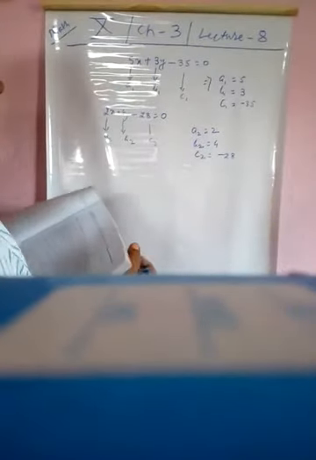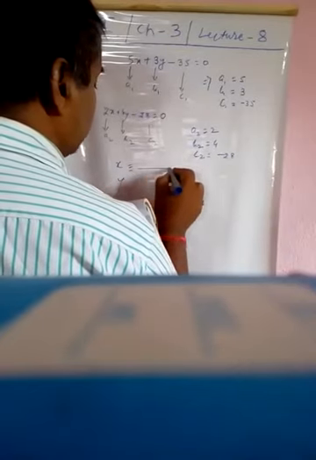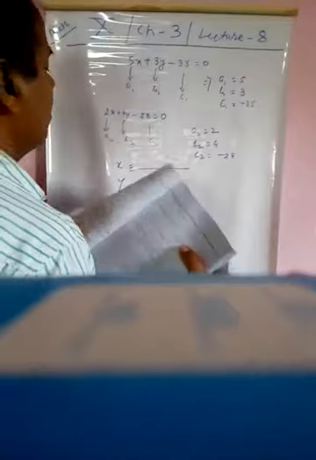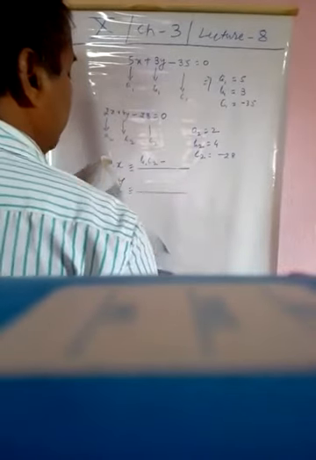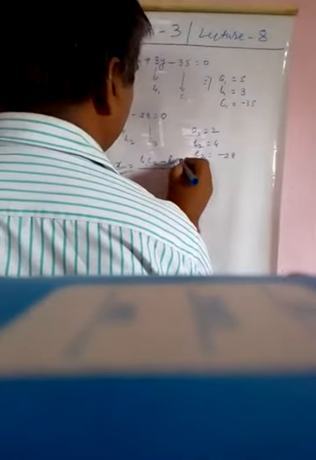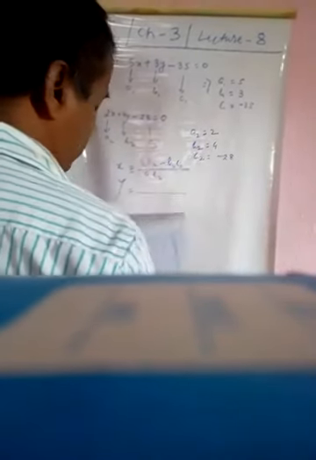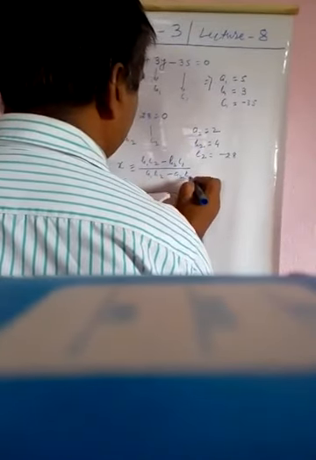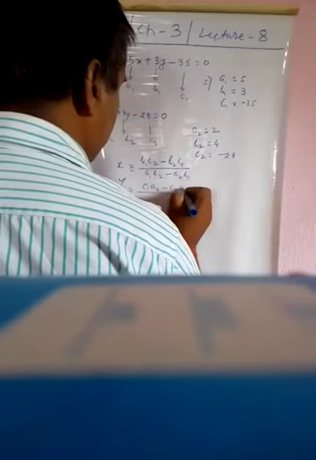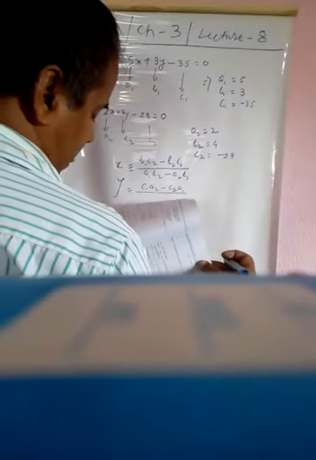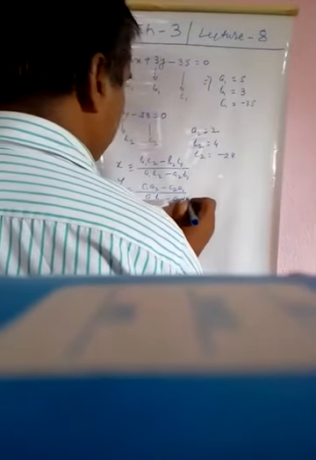Then the value of x will be, you have to remember this formula, x is equal to b1 c2 minus b2 c1 by a1 b2 minus a2 b1, and y is equal to c1 a2 minus c2 a1 by a1 b2 minus a2 b1.